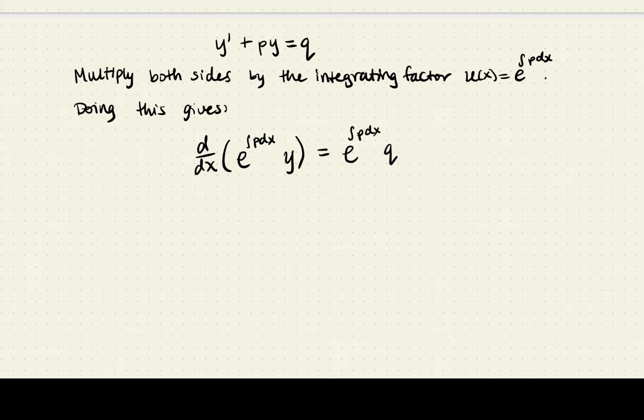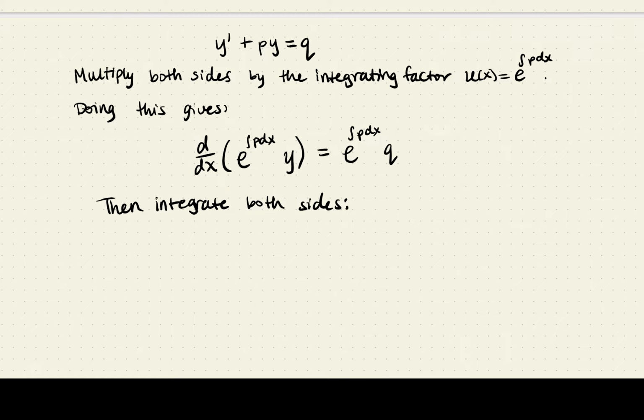Okay, once we're able to rewrite the left-hand side, then we can integrate both sides of the equation. So integrating the left-hand side, we just have a derivative in x. So if you integrate this left-hand side, this derivative just goes away.